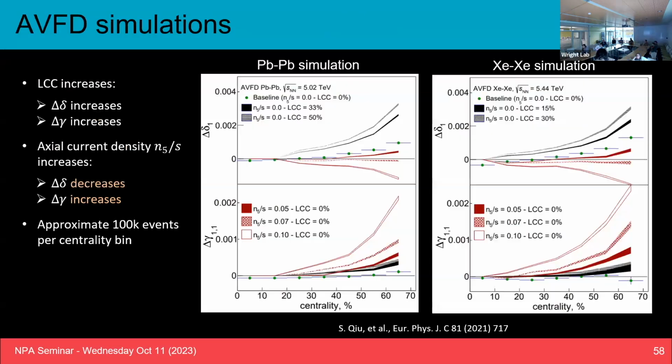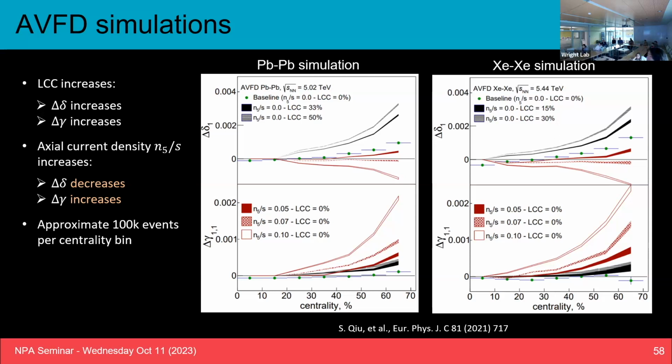You will see it more clearly here, because this is a simulation of lead and xenon. You can see that we have this baseline, basically zero background and zero signal. Here you only switch on the background, and here you only switch on the signal. When you switch on the background and increase it, you will see that both move up in the same direction.